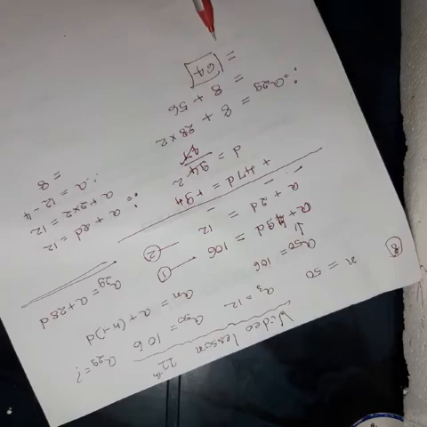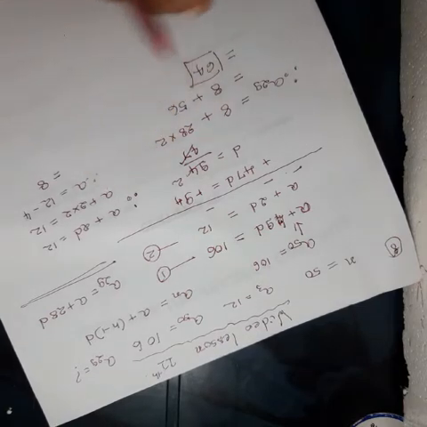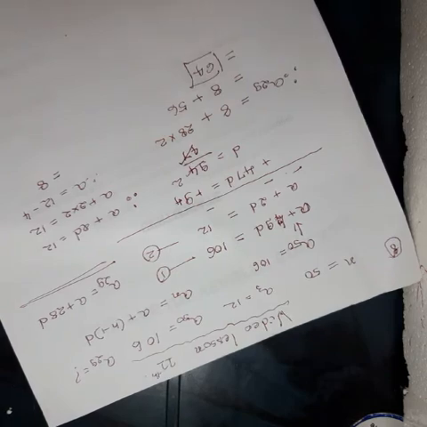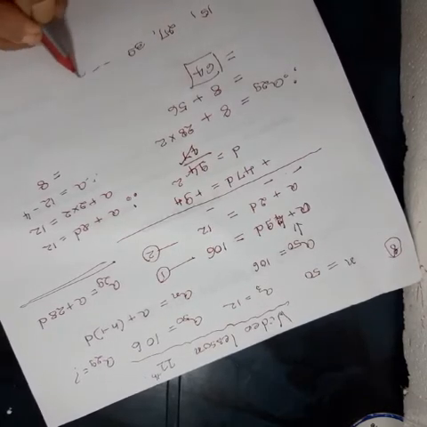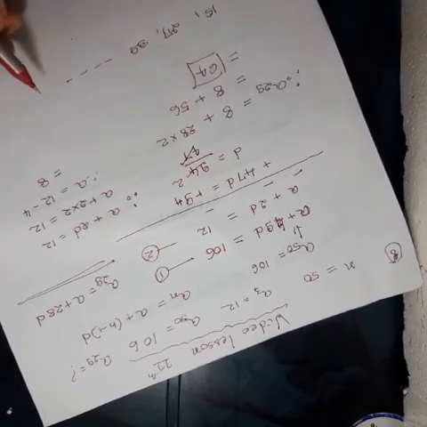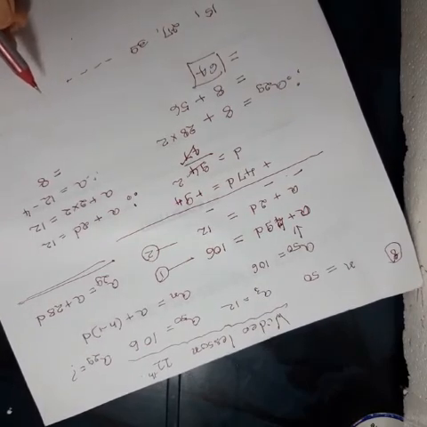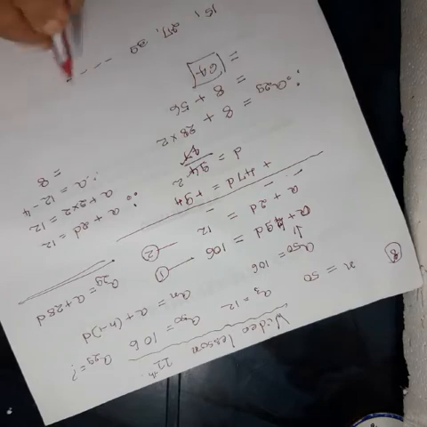Next is: which term of the AP will be 132 more than its 54th term? I am doing the 11th sum now. The AP is 3, 15, 27, 39, and so on. You have to find which term will be 132 more than its 54th term.